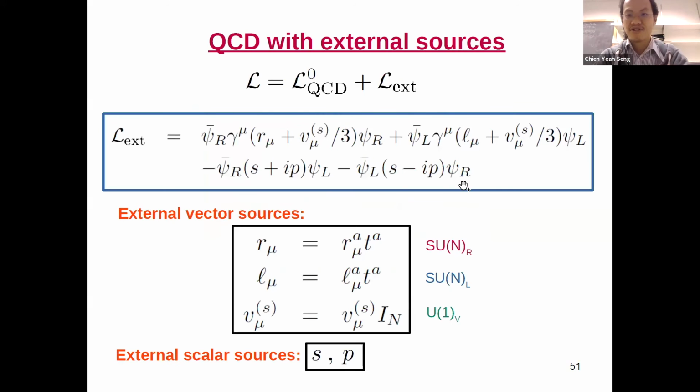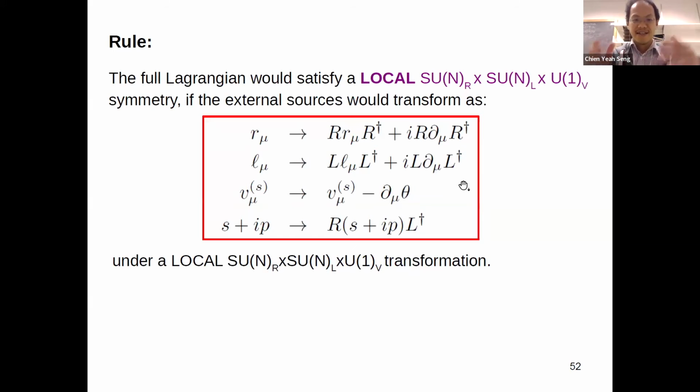this external source term would make the full Lagrangian satisfy a local SU(N)_R times SU(N)_L times U(1)_V symmetry if we assume that they transform in a specific way, namely if the right-handed, left-handed and singlet vector sources transform as if they were gauge fields under a local gauge transformation, and the scalar sources transform as R times L bar, just like the quark mass term.